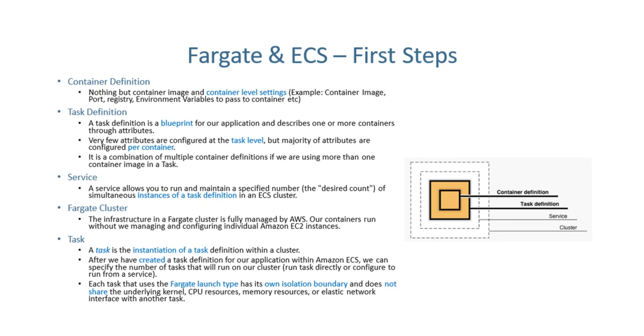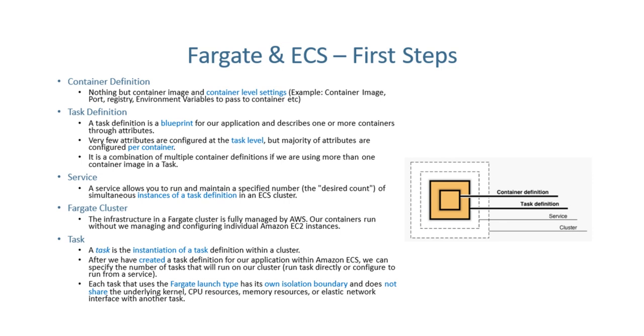What is a task definition? A task definition is a blueprint for our applications and describes one or more containers through attributes. Then we have a service. A service allows you to run and maintain a specific number, the desired count, of simultaneous instances of the task defined in the ECS cluster.